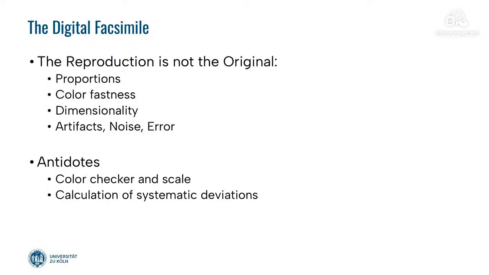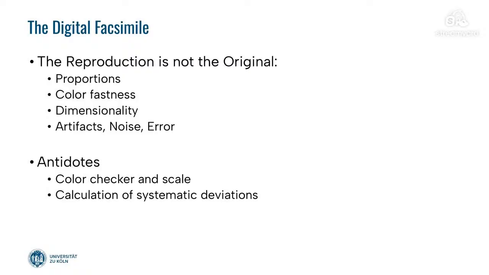So often we still look at the original object, but we slowly work with digital objects. And I just want to keep in mind that when we look at the digital facsimile of a manuscript or papyrus or any other text-bearing object, the proportions might appear differently on our screens.